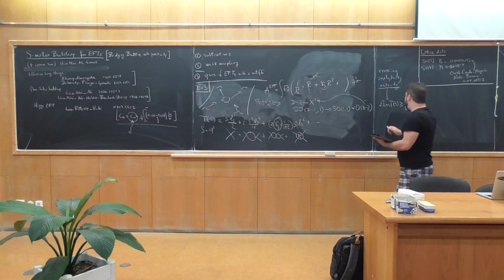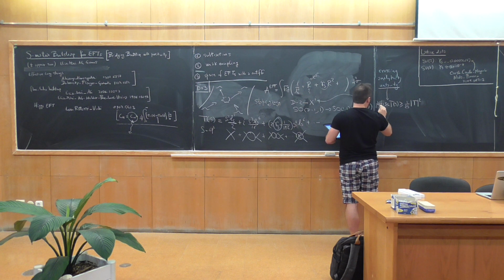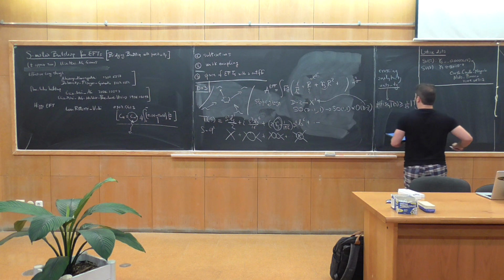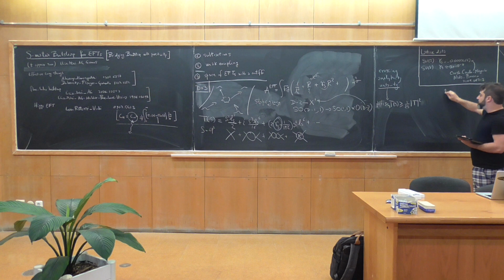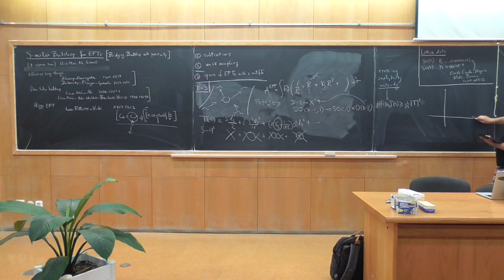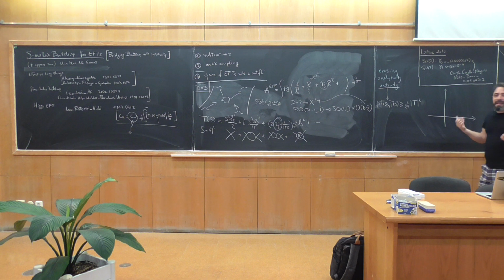Now, you can also write it in a different way, saying that this is 1 over 2i, the discontinuity, in the S channel of the amplitude. So what unitarity is telling you is that in the complex S plane, for physical energies, when these particles can go on shell, there will be a cut.